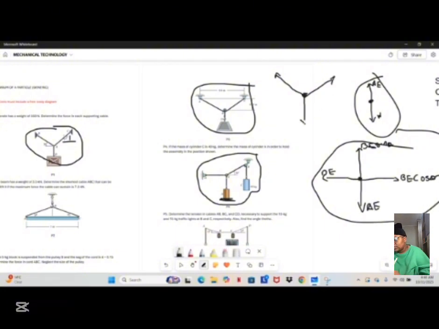Let's put our dot there, and then we're going to have the CX, and then we also have the CY, and then we have the AX and the AY. And then we're going to have the BD.